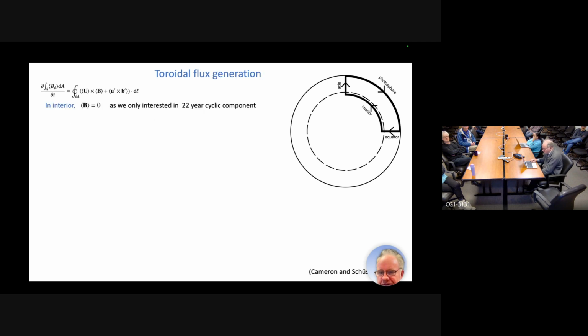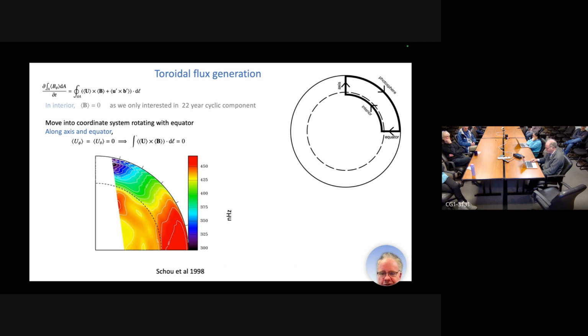So in more detail, we consider each of the segments, the interior, axis, photosphere, and equator shown on the right, one by one. We place our contour inside the interior, in the radiative interior. So the axisymmetric component, which varies on a 22-year cyclic component, should be very small.